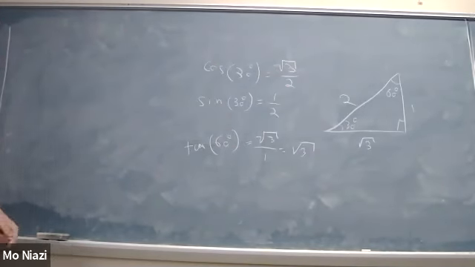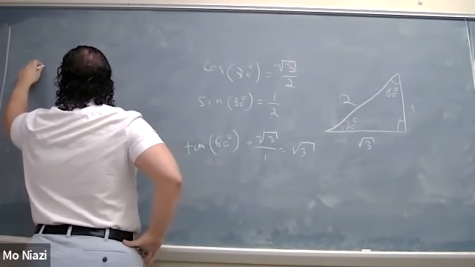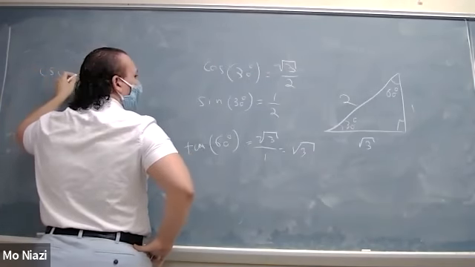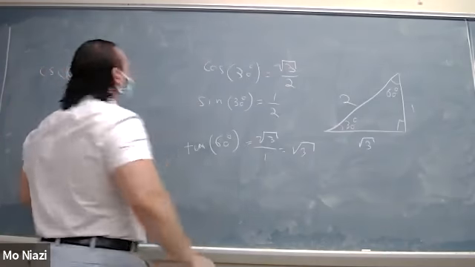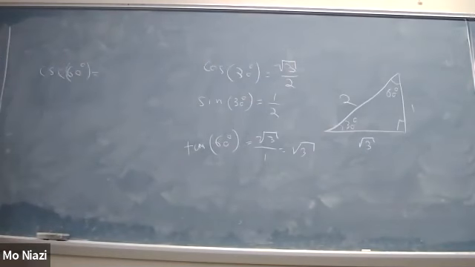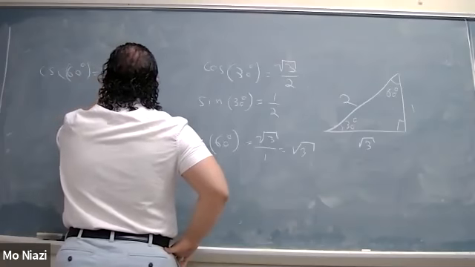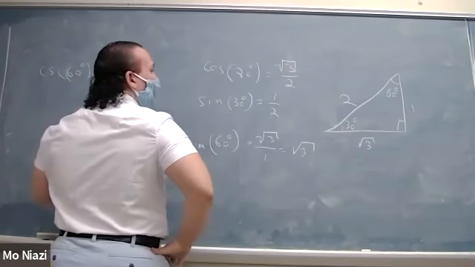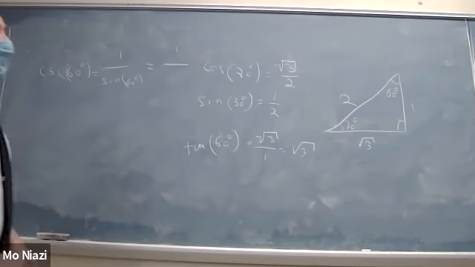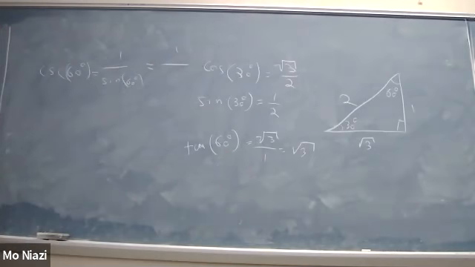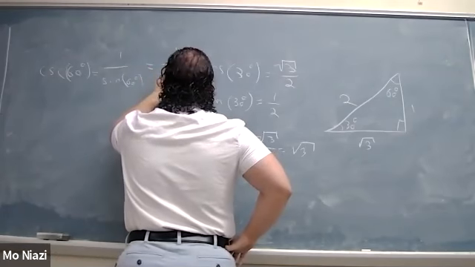Okay. What's the cosecant of 60? One over sine of 60, right? So that's 1 over what? What's sine of 60? Square root of 3 over 2.